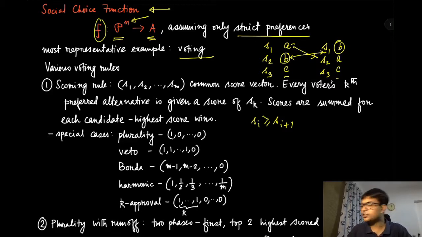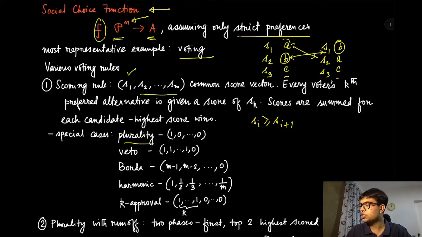So there are certain special cases. The most popular one, the voting rule that we can associate with most of the time, is what is known as plurality. You have the topmost position, the topmost score, equal to 1, and all other scores equal to 0.